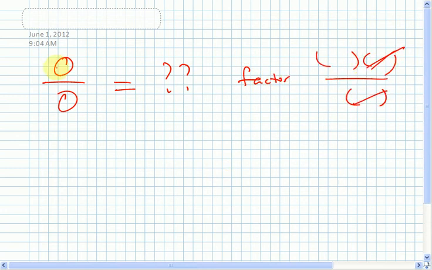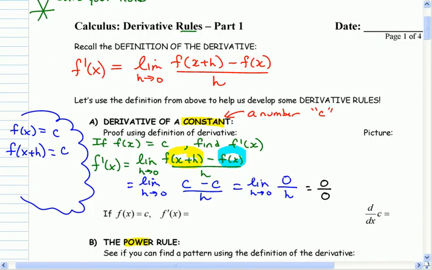That's true when I have the limit of h approaching 0, and I have an h in the top and an h in the bottom, where I actually plug in 0. But for this one, this 0 in the numerator is created by taking c minus c. I didn't actually plug in any number. Remember, the idea of h approaching 0 means it doesn't really equal 0, but it's getting closer and closer to 0.